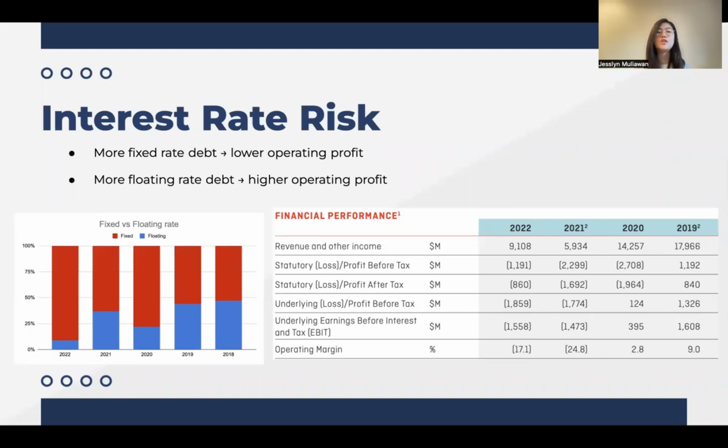Given Qantas's ratio of fixed floating rate on net debt, each period, although still can be improved, we can see that Qantas is putting efforts to overcome this risk, trying to maintain a higher fixed rate and lower operating margins, except in 2021.